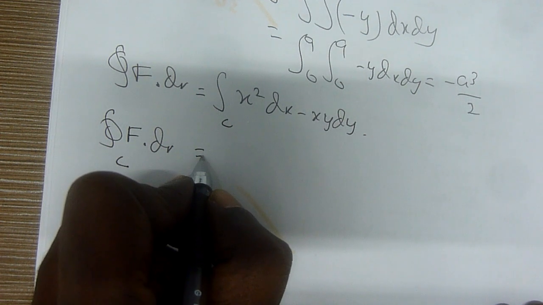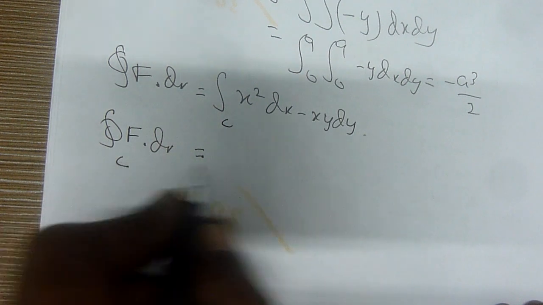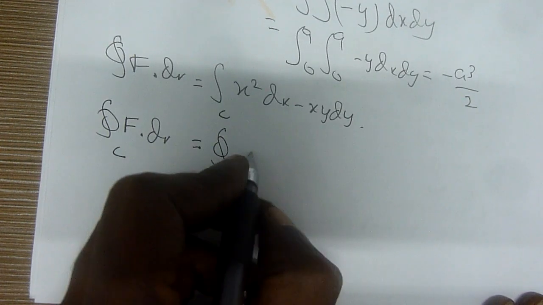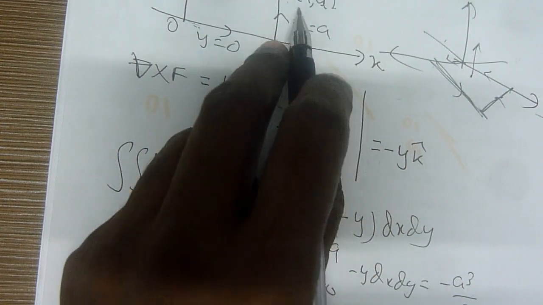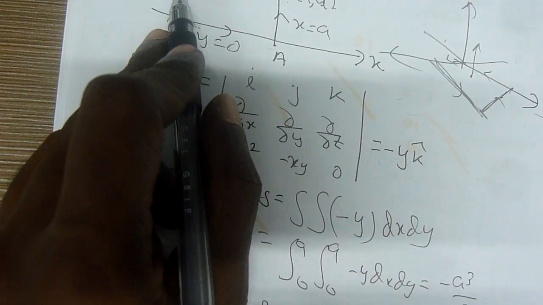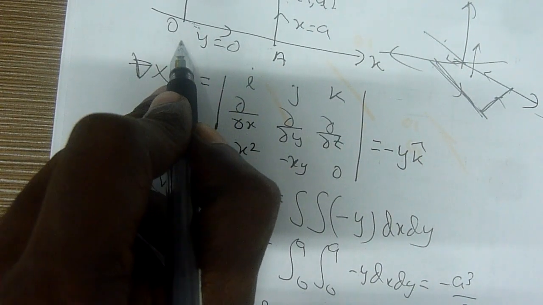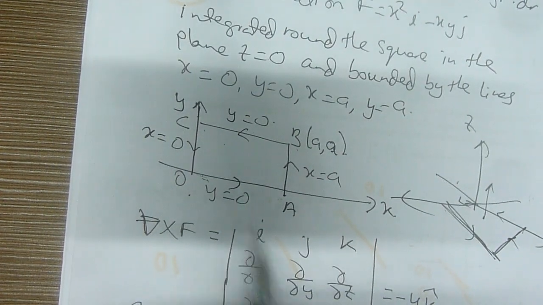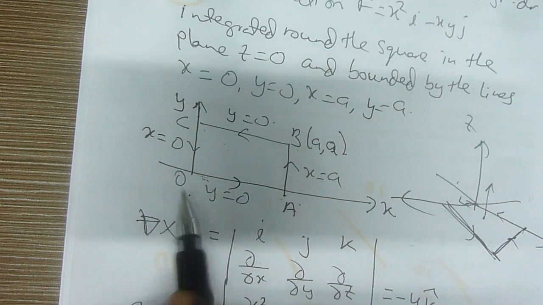O, A, B, C. Actually, this one is talking about the overall loop, reflecting what? O, A, B, C, and back to O is complete. Can you see that again? I show you O, A, B, C, O back.